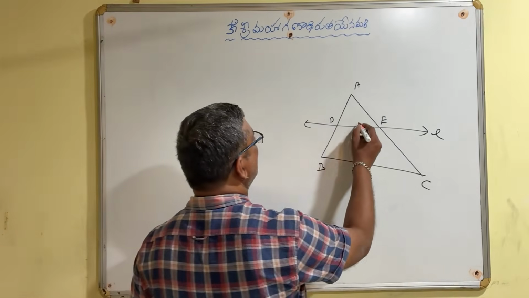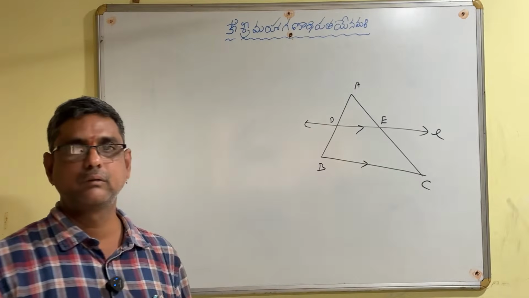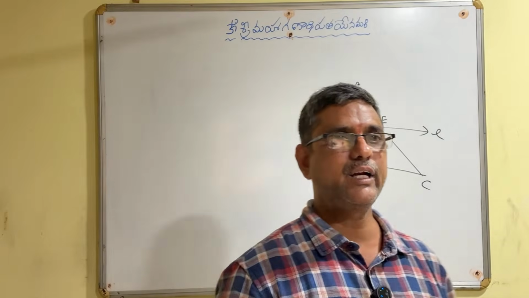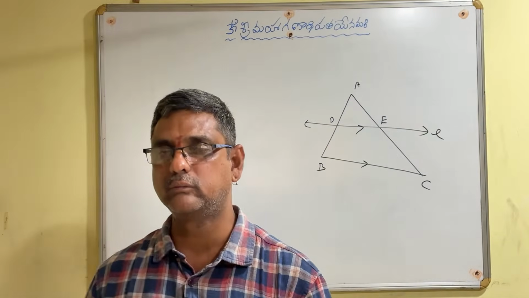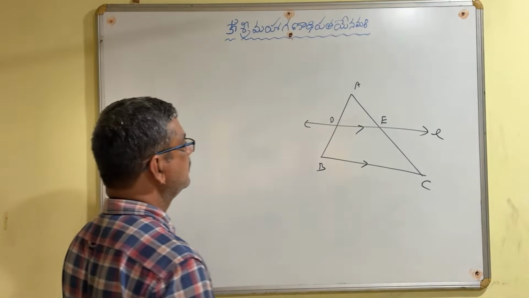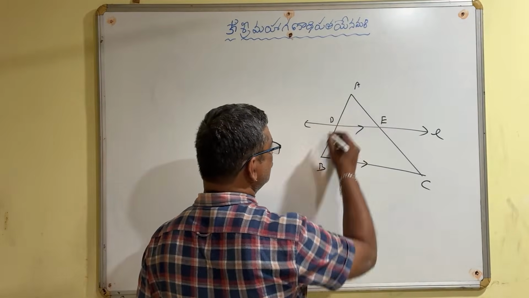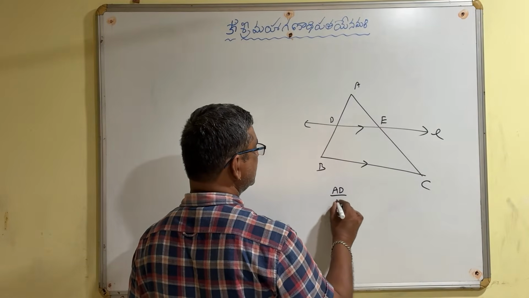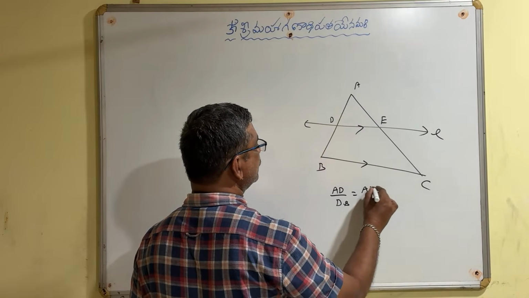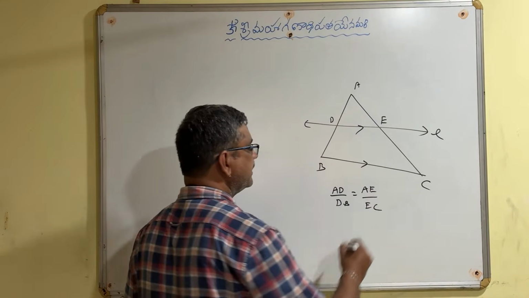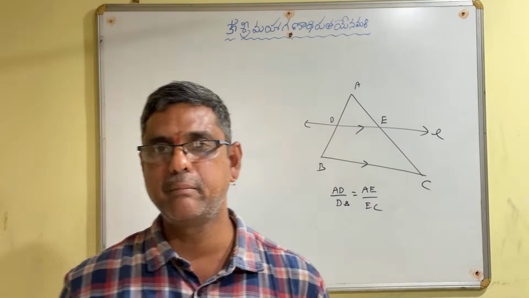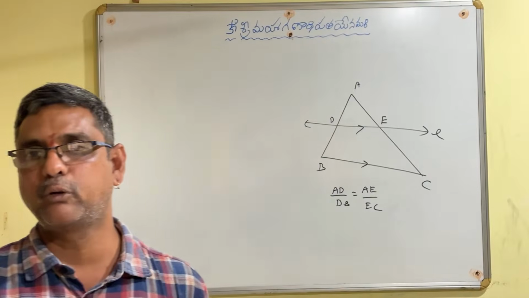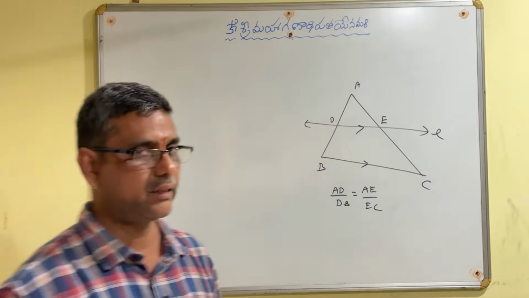Moreover, it is parallel to the third side. Then this line divides the two sides AB and AC in the same ratio. That means AD by DB is equal to AE by EC. This is the basic proportionality theorem, which is also known as Thales theorem.